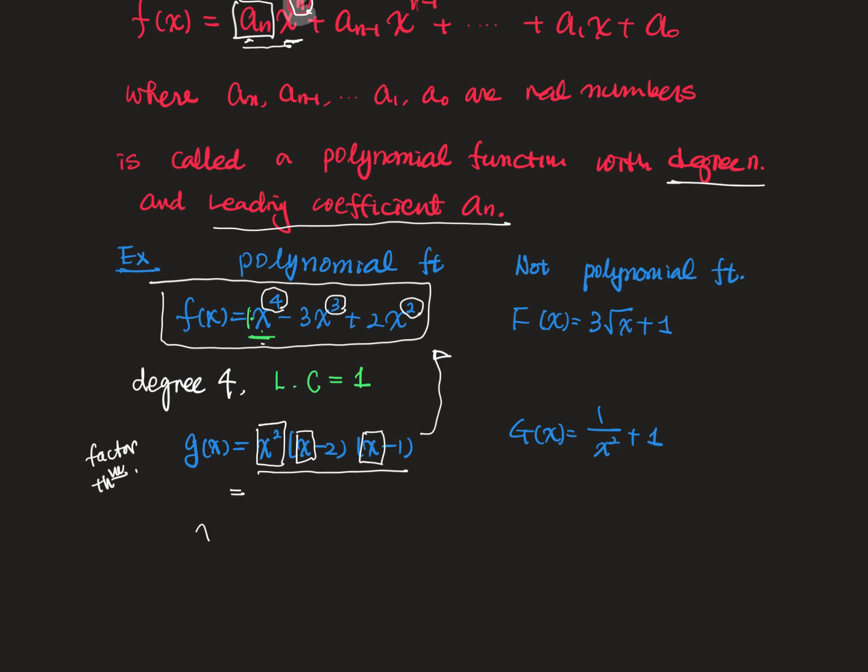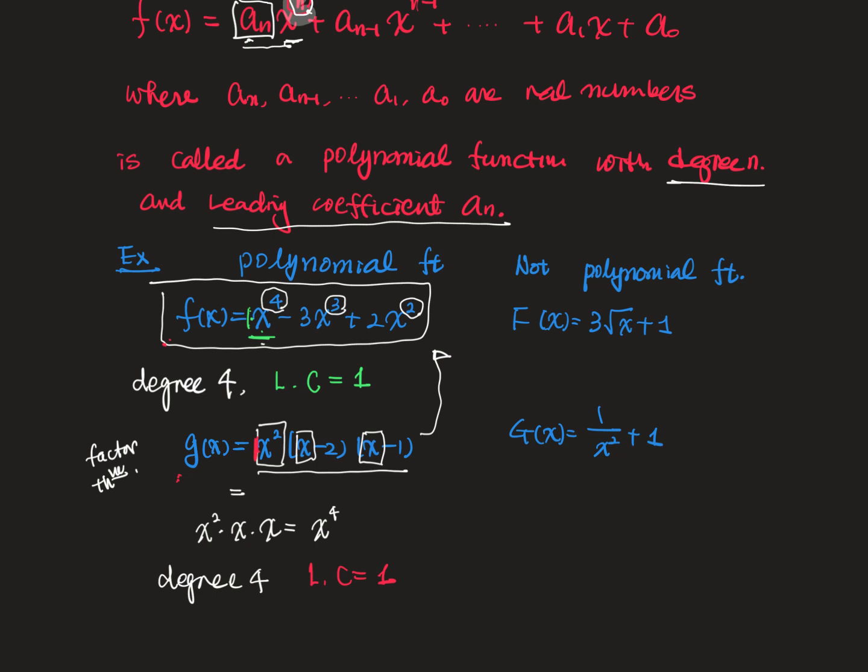You multiply them: x squared, x, x. That's going to be x to the fourth. That's the highest degree, so the degree is going to be 4. What is the leading coefficient? The leading coefficient is the number right here, 1. So remember there are two forms of polynomial. This is the general form. This is the factor form. The factor form is a more convenient form when we sketch the graph.